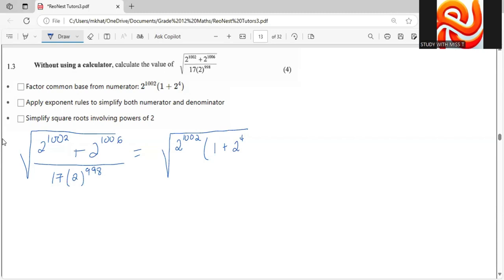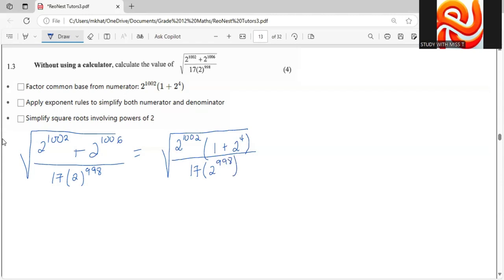If I multiply back into the brackets, I'm going to get 2 to the power 1002, and I'm going to add both the exponents: 1002 plus 4, so it's going to be 2 to the power 1006. So I'm going to have 17 times 2 to the power 998.